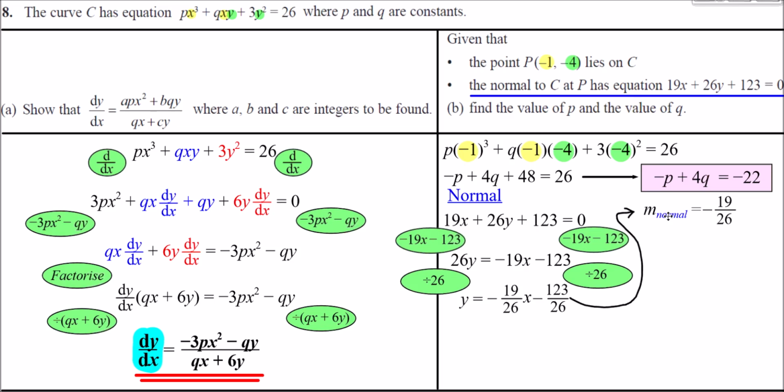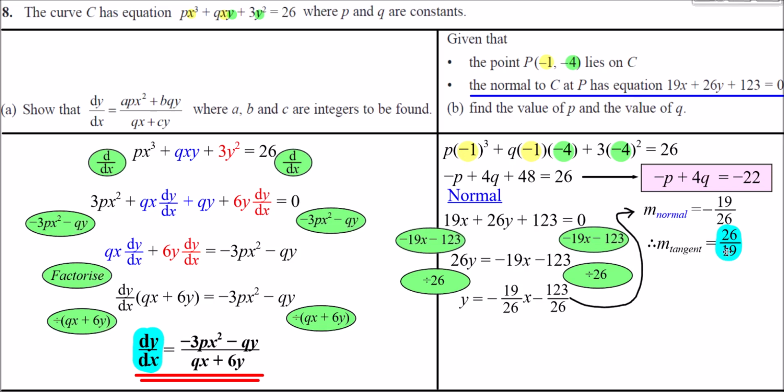So therefore the gradient of a tangent will be the negative reciprocal of minus 19 over 26. So the minus switches to a positive, and the 19 goes to the bottom, 26 goes to the top. So the gradient of a tangent at point P is 26 over 19.